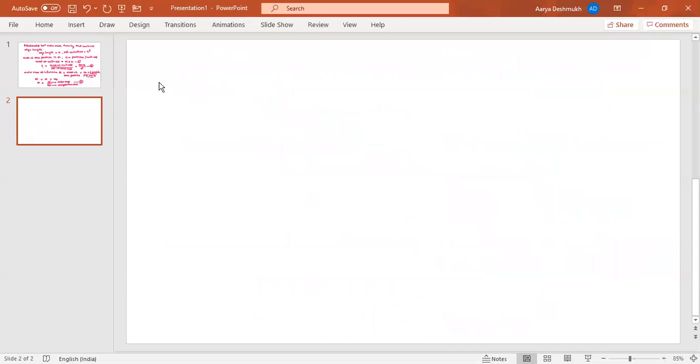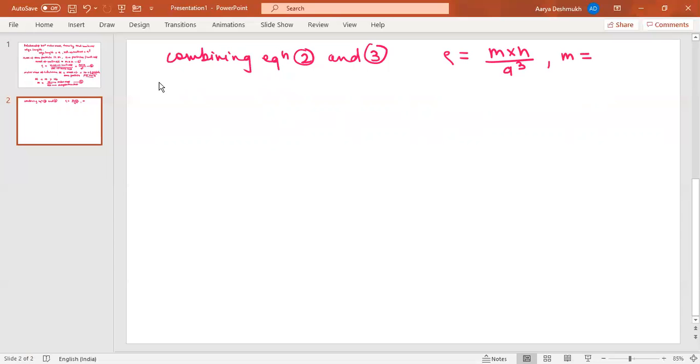Now combining equation 2 and 3. Equation 2 is rho, that is density, equals m into n divided by a cube, and equation 3 is small m equals capital M upon Na.